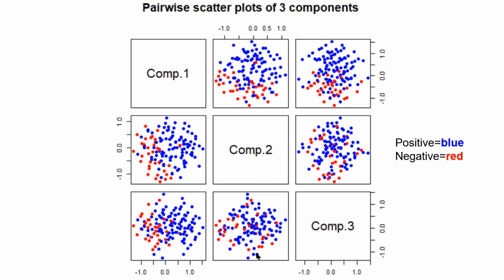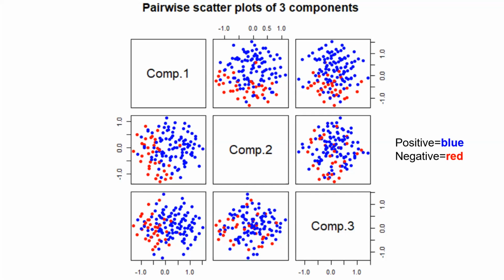So in fact, I would say PC1 and 2 both contribute together. They jointly affect the ordination of the data points in the principal component space.